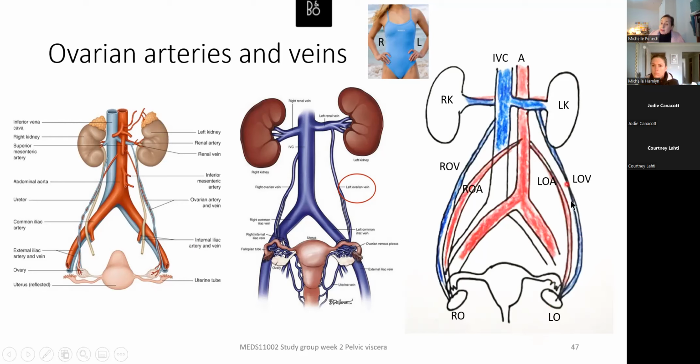The same thing happens with females, is they can get a whole lot of varicose veins that sit around the left side of their pelvis. And it can become quite uncomfortable around ovulation time and around the period time. So some females will get a dragging pain, either at ovulation or around their period, and it just feels like their pelvis is really heavy.